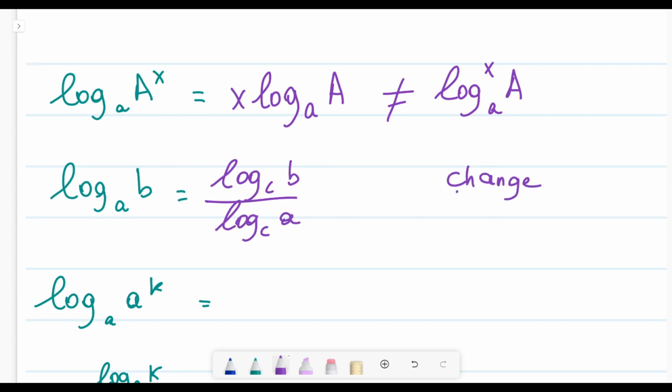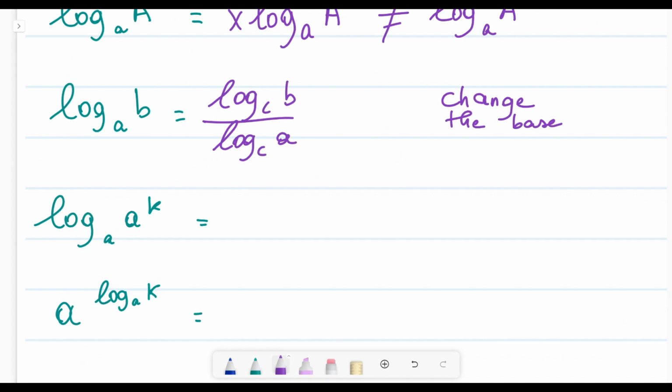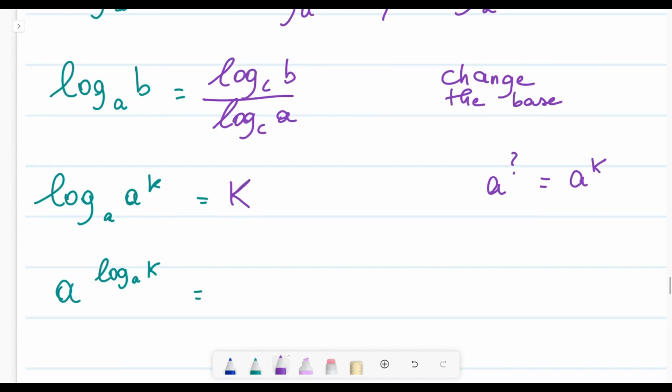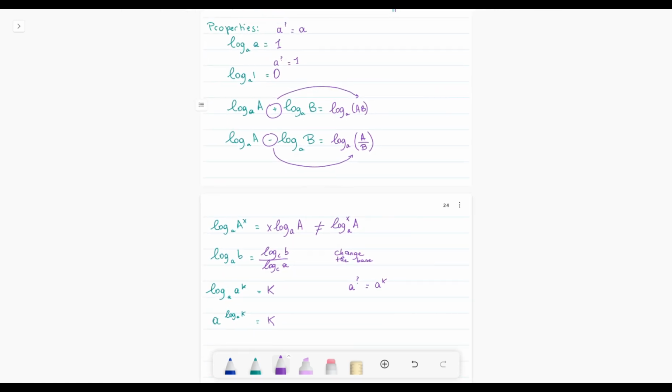This is to change the base. Now log base a of a to the k, again, a to the power of what is a to the k, and the answer is k. Now a to the power of log base a of k is also k, and these are the properties of logarithms.